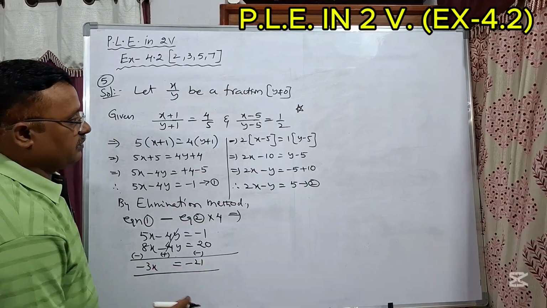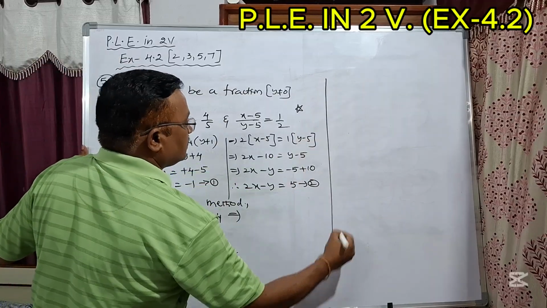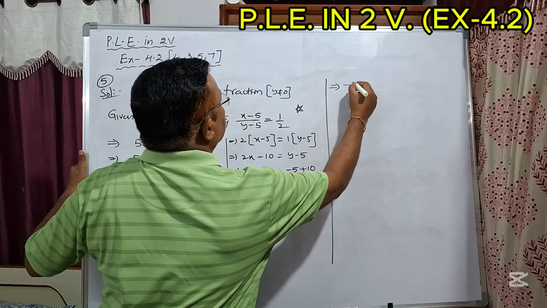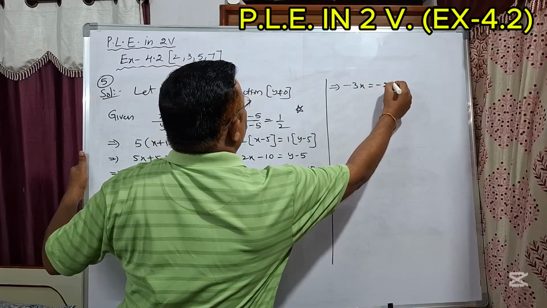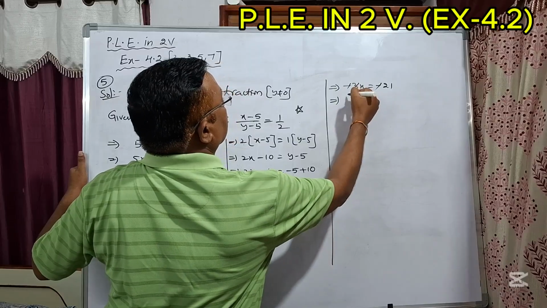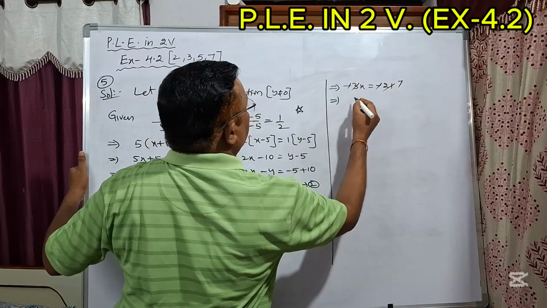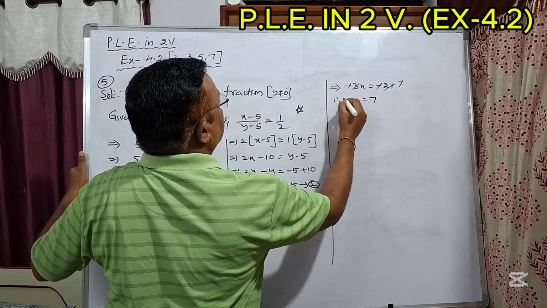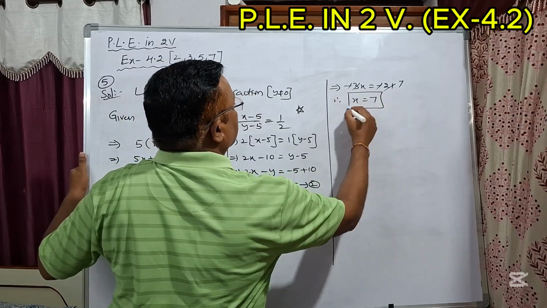Okay, Nana, you simplify it here. This implies minus 3x equal to minus 21, which implies minus minus get cancelled. 3 times 1, 3 times 7. Therefore, x equal to 7.